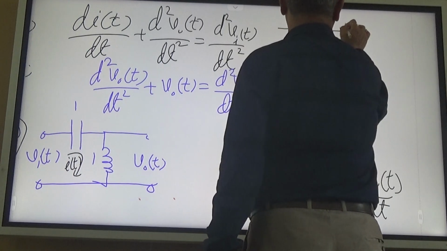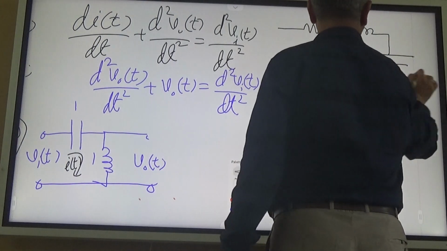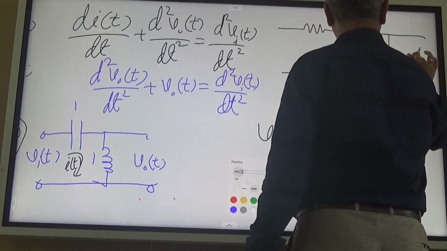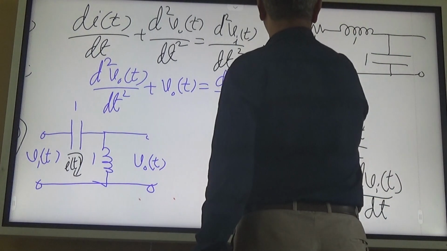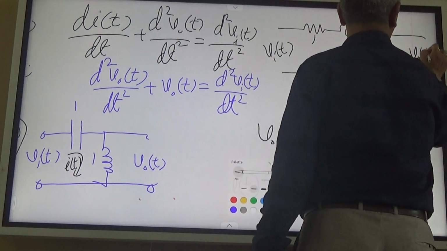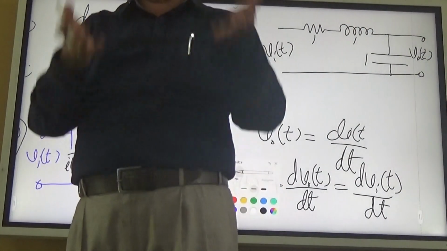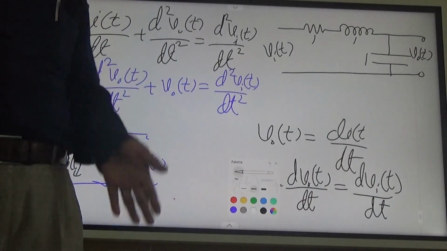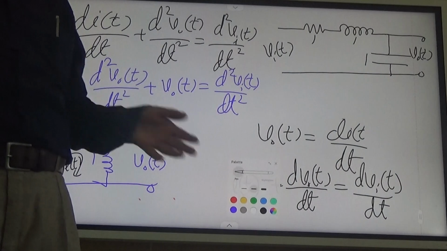Values we are taking as 1. Later on we will make them different. And right now we are only doing analysis. Giving the circuit, asking you to create a differential equation. It's reverse. For a given differential equation, constructing of circuit is not so easy.